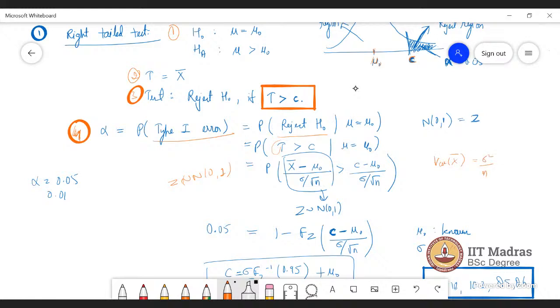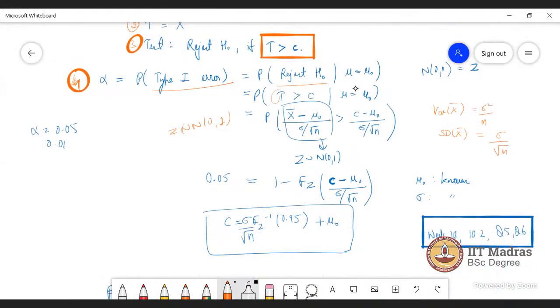So if I have to take the standard deviation of x bar, it will be sigma upon root n. So this is what we are doing here. Similarly on the right hand side, we will do c minus mu naught upon sigma upon root n. So this becomes probability z greater than c minus mu naught divided by sigma upon root n, and it will be written as 1 minus F z of this term, right?